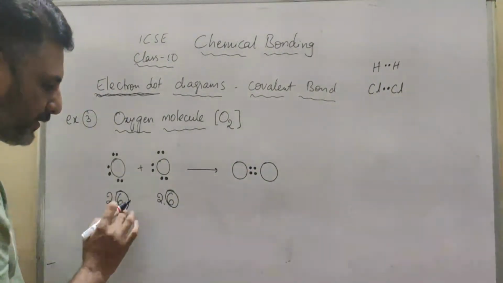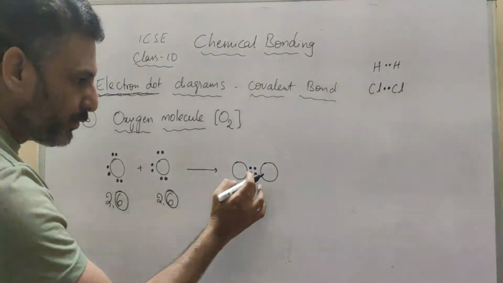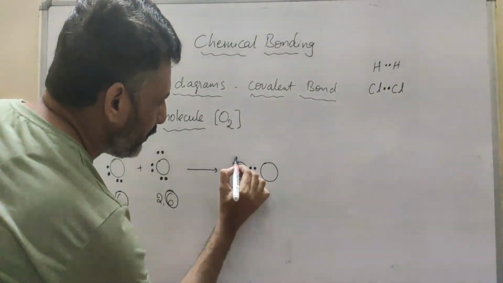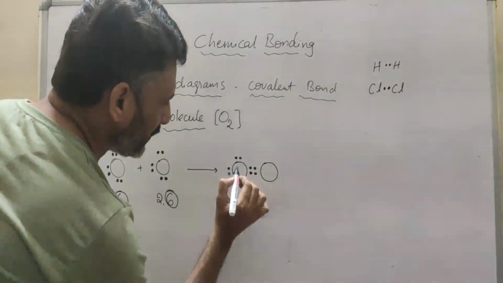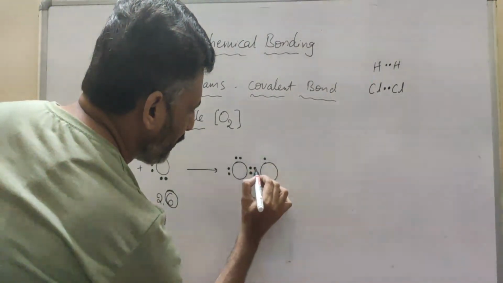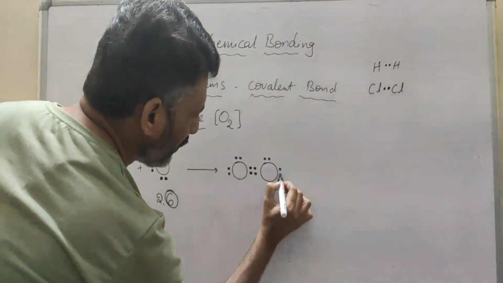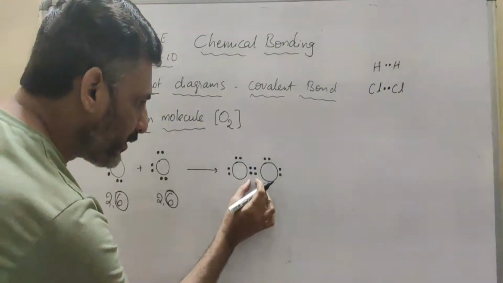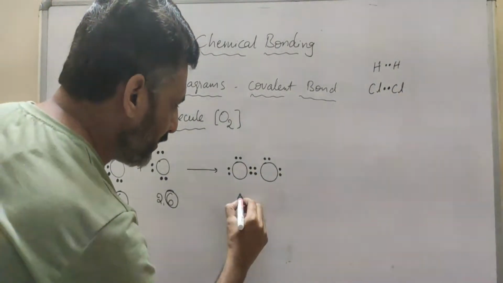But out of 6, this oxygen is giving only 2. Out of 6, this oxygen is giving 2. So remaining 4 remain here. Similarly, the same thing happens with this oxygen also. Out of 6, 2 are participating in bonding. So remaining 4 will be here. Now when you look at the electron pairs in the bonding, there are 2 pairs of electrons participating in the bonding.